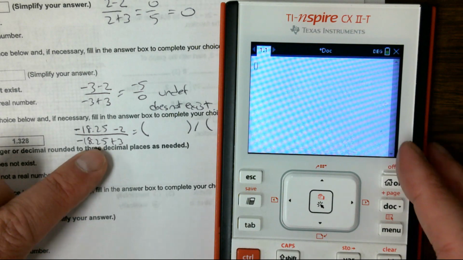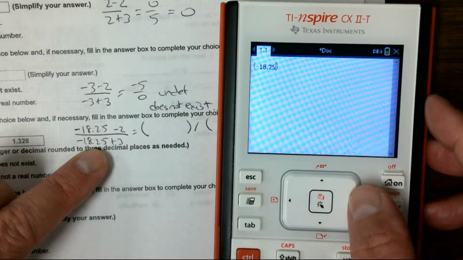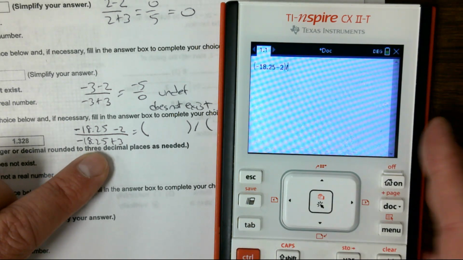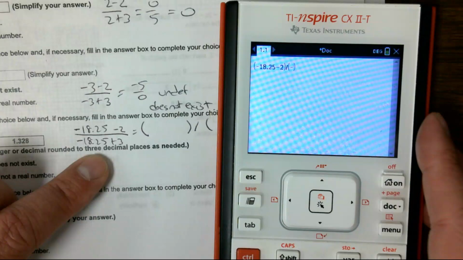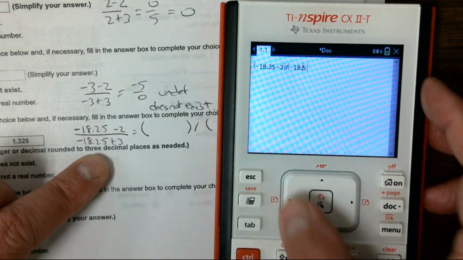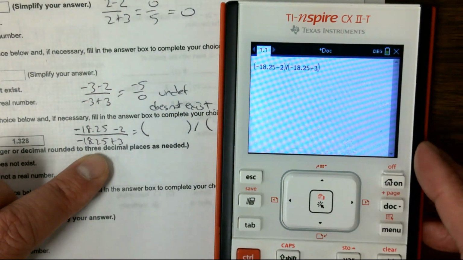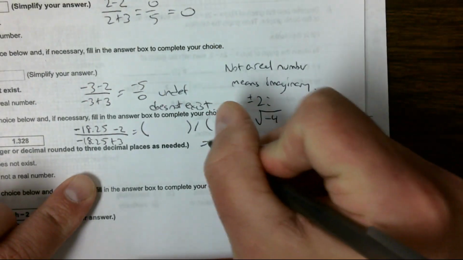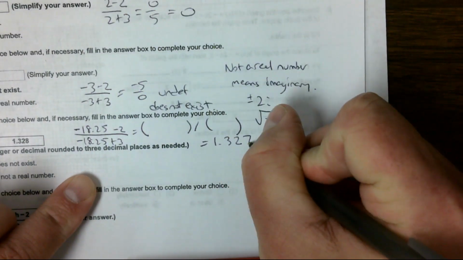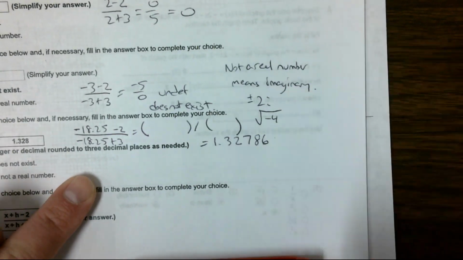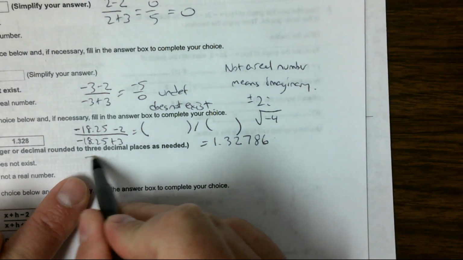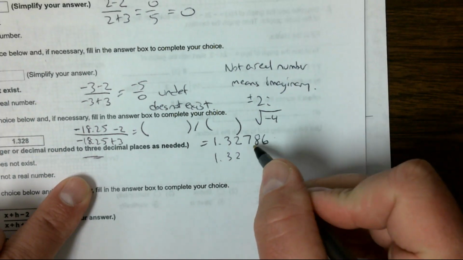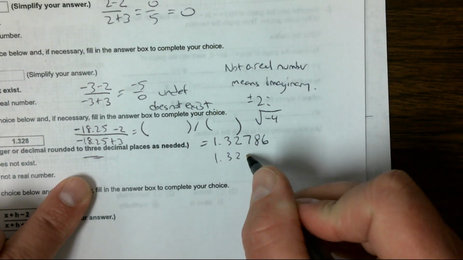Parentheses, negative 18.25 minus 2. That's your compound numerator. And then your compound denominator is negative 18.25 plus 3. And it gives you 1.32786, and so forth. They want you to round to 3 decimal places. So that's 1.32, and then based on this 8, you have to round the 7 up.